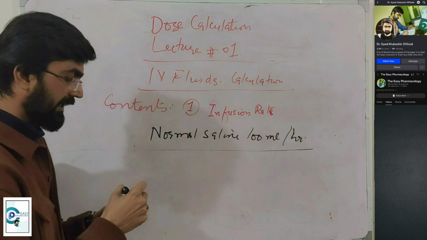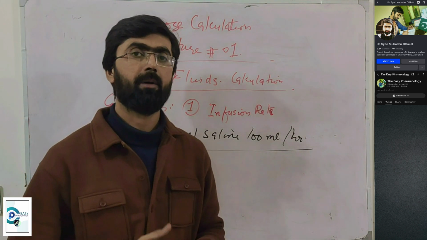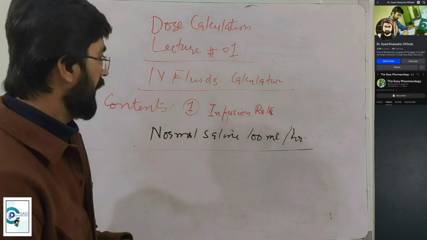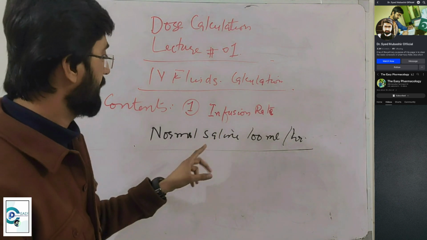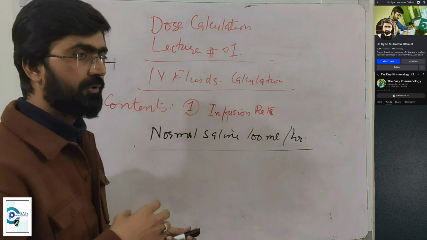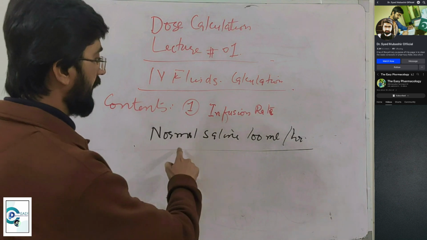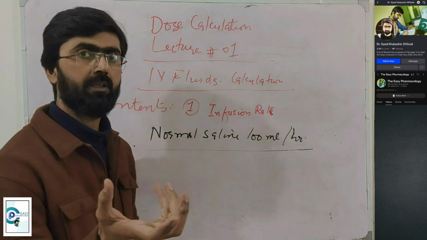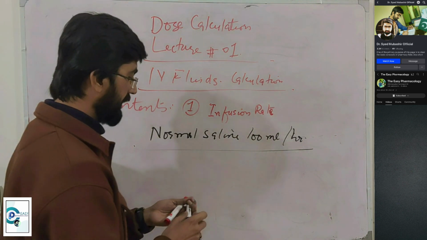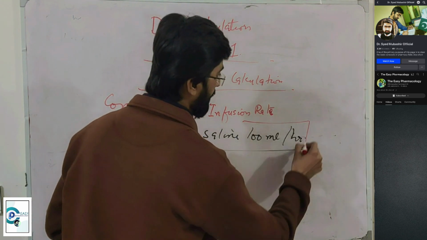Let's suppose this is the direction or the order from a doctor. So you see here what we are going to give the patient: normal saline. This is one of the IV fluids.